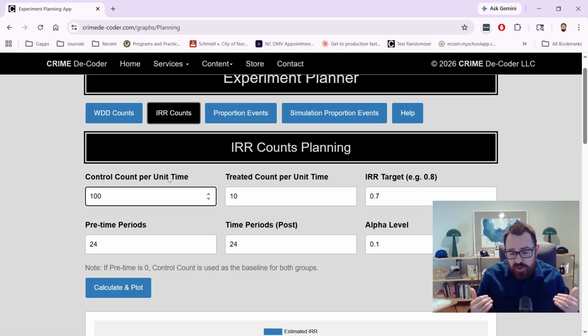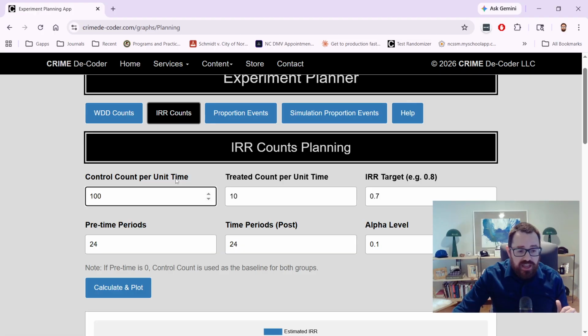The identifying assumption of this estimator, like I talked about in the prior video, is that the treated and control areas should trend up and down approximately the same over time. If you plot it on a log graph and they're approximately parallel, that's what you want in this scenario.